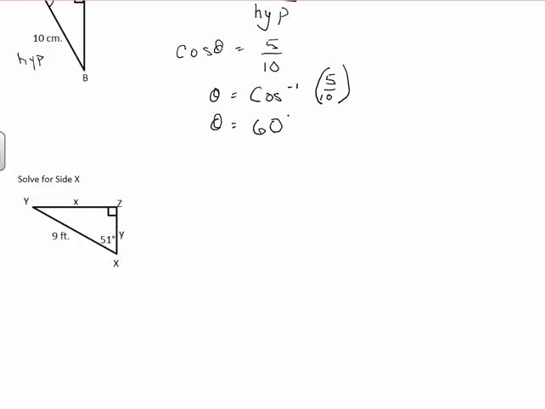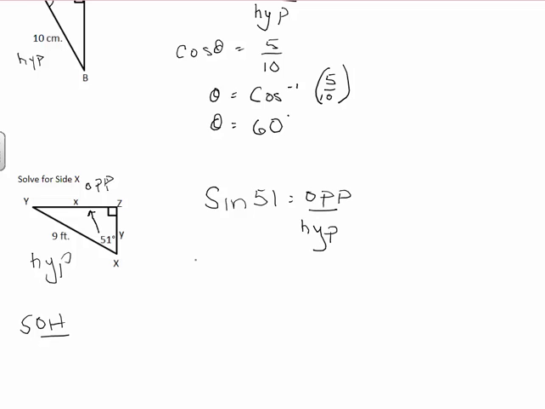Our next example gives us the angle this time, but we're looking for side x. So if we're referencing angle 51 degrees, the opposite side is x, and that's what we need, so it has to be in the formula so we can solve for it, and the hypotenuse. So when we're talking about SOHCAHTOA, the O and the H show up with the S, so we're using the sine ratio. So we have sine 51 degrees equals opposite over hypotenuse.